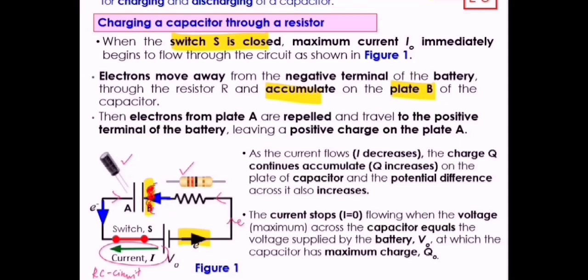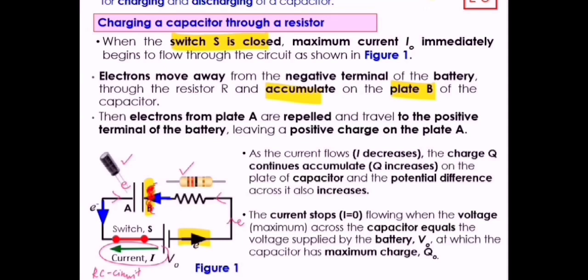Okay, and then when the electrons accumulate at plate B, it will repel the electrons in plate A. So for example, we have one electron here.